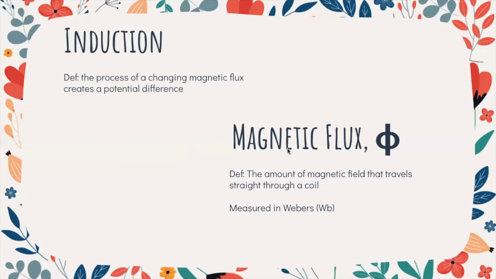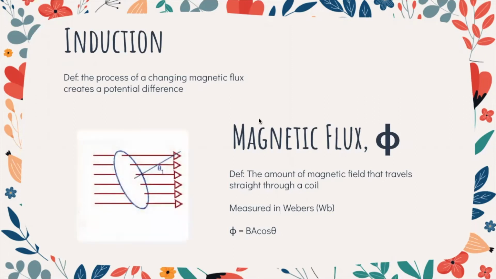All right. And this is not a thing that we're going to have to calculate tons and tons of. But how to calculate it is it's a product, right? It tells us how much field, so that's B, goes through a coil of a specific area, that's A. And when we calculate it, we're actually going to leave the angle part off.